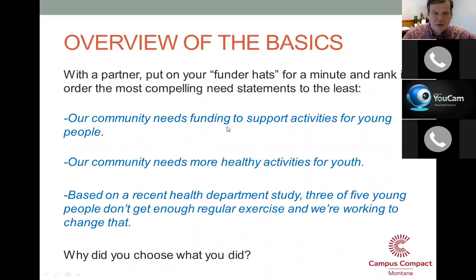To me, anytime you've immediately talked about the funding in terms of your need, you're kind of missing the point, or you're letting it be known that you're a little bit desperate. So keeping that focus on the need or problem, which in this case is exercise for young people and opportunities to get exercise and be healthy, and some evidence that supports that, you're doing yourself a favor.